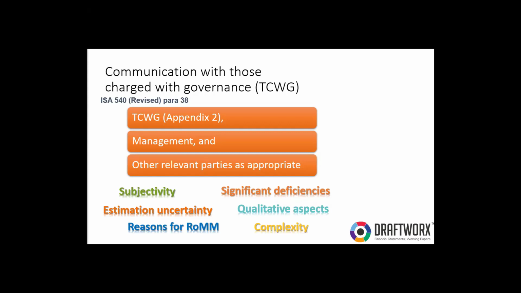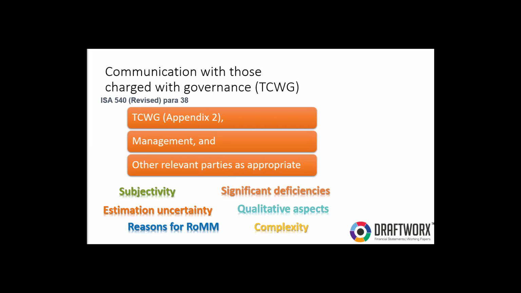So you must communicate significant control deficiencies and any significant qualitative aspects of the entity's accounting practices as it relates to accounting estimates. But you might, based on your considerations and the circumstances, decide to also communicate regarding accounting estimates, and then it might include reasons, for example, given the risk of material misstatement relating to estimation uncertainty, the effects of complexity, subjectivity, or other inherent risk factors in making accounting estimates and related disclosures.